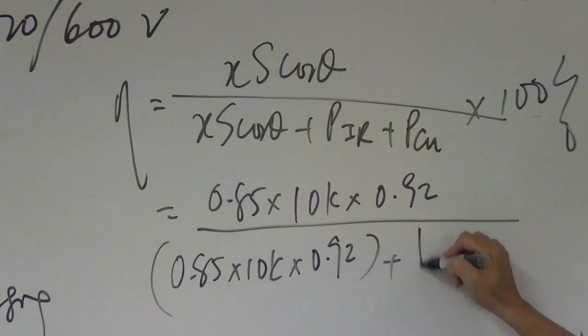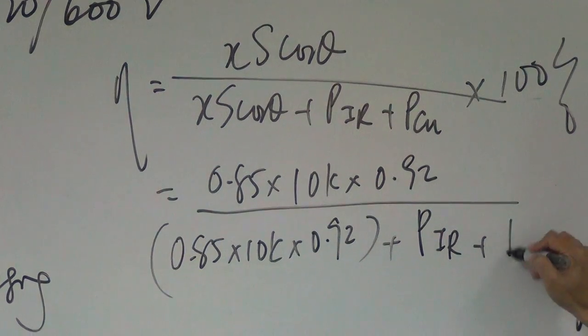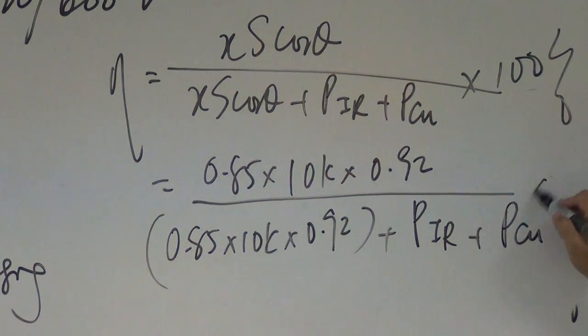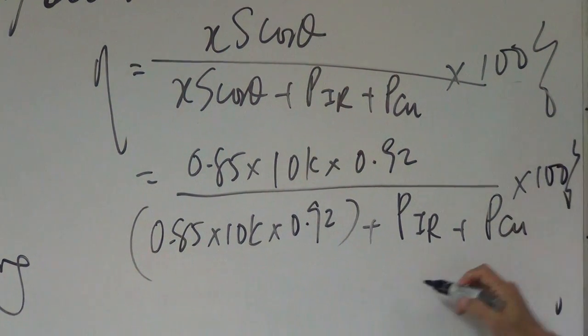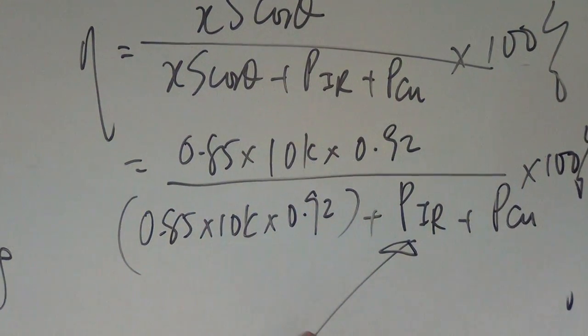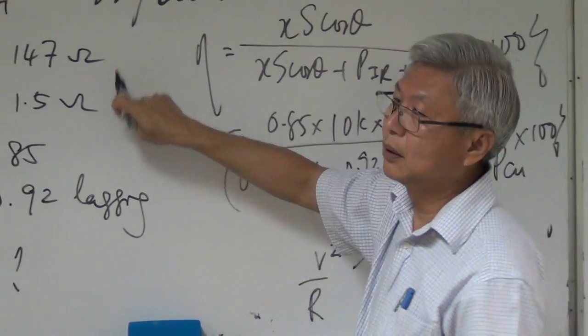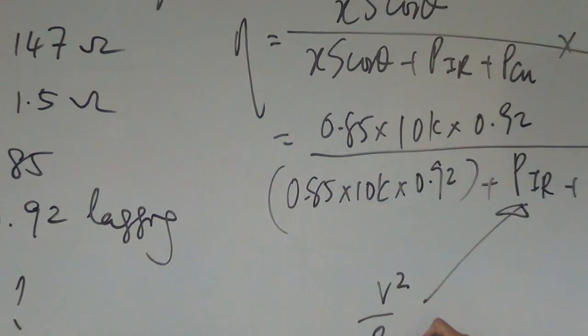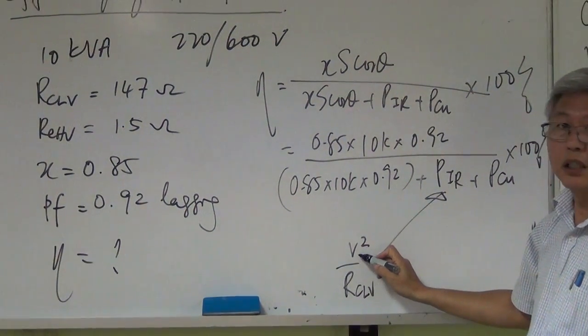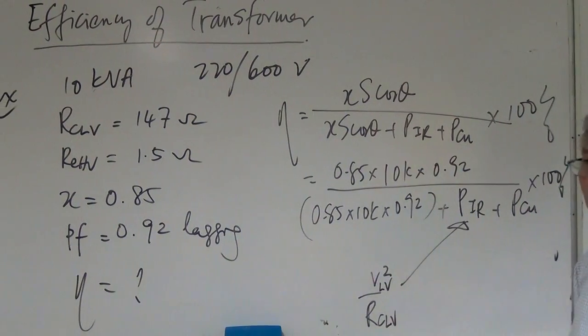Okay, so iron loss you use V square on R, and copper loss you will use I square R. Yeah? Okay, let's bring it out. So it's V square on R. Which R? RCLV. Which V? VLV. Right?